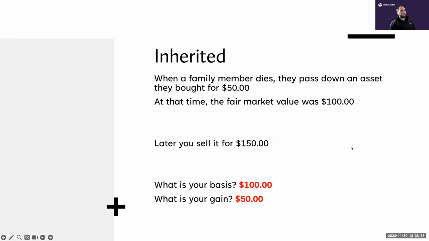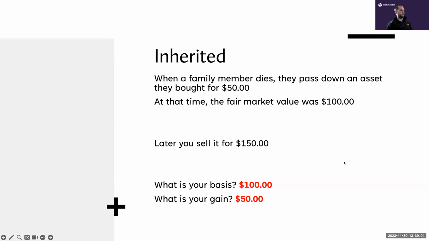And so, okay, we've got a good contingent, about 70% or so that was correct on the basis. And so the fair market value at the time of their death then becomes your basis when you inherit it. So a lot of times it's referred to as a step up in basis because generally the value of that asset is going to increase. And so whatever the fair market value at that time is, that is what you inherited at, and that becomes your basis in the asset.